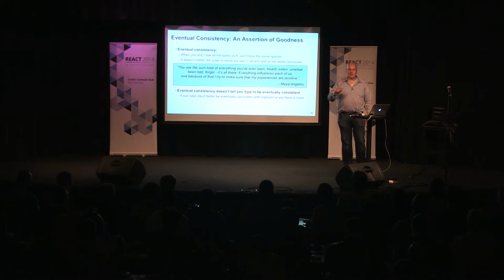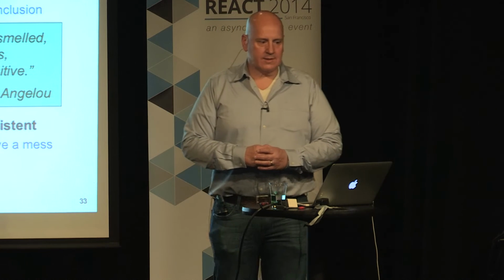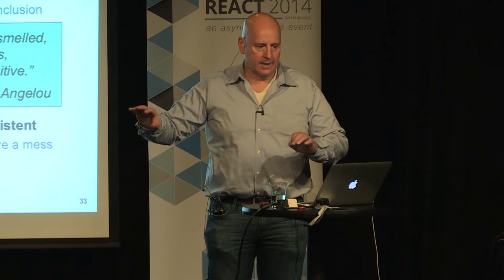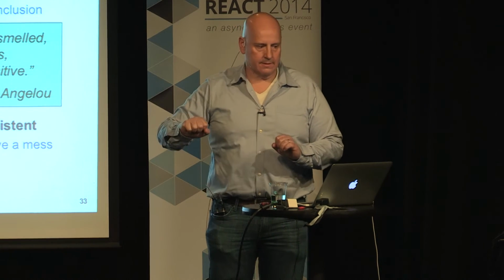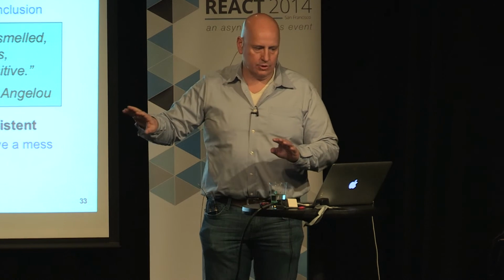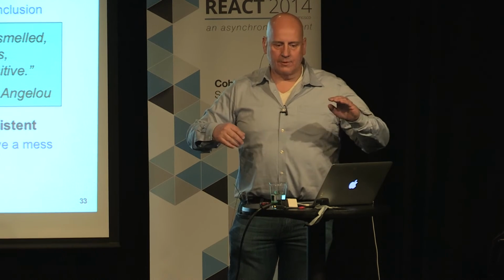Eventual consistency is nothing but an assertion of goodness. I didn't say it's bad. It doesn't tell you anything. Eventual consistency says when you and I have all the same input, we've seen the same stuff, then we'll have the same opinion. Doesn't matter the order in which we've seen it, we will land on the same conclusion. And so this quote from Maya Angelou is fun.